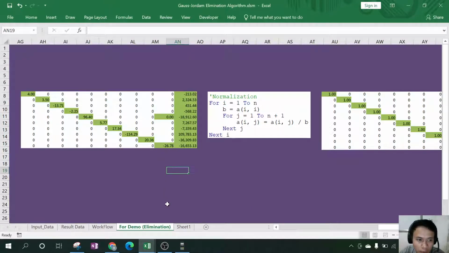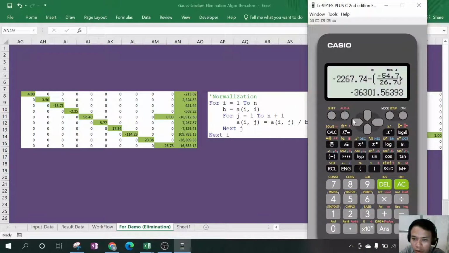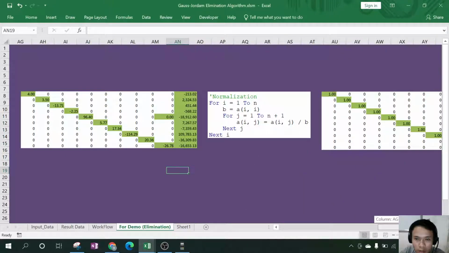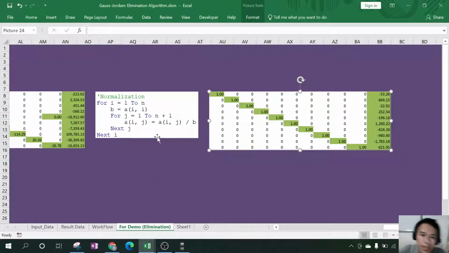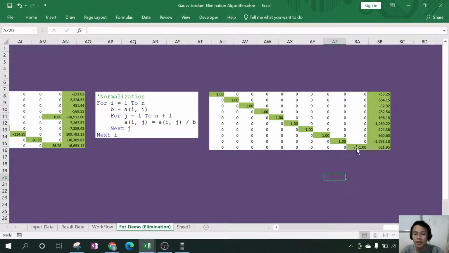If we calculate that, negative 213.02 over 4, then we get the value of negative 53.26. So it's here. If we continue this process, we get this result, and this is our final answer.